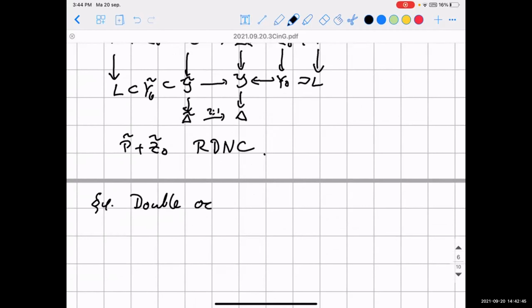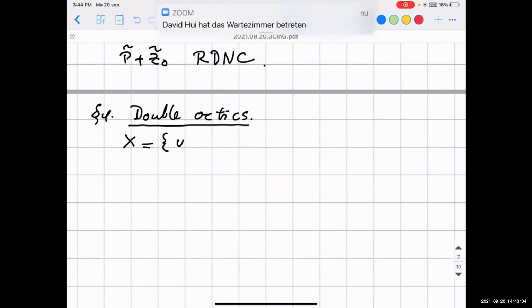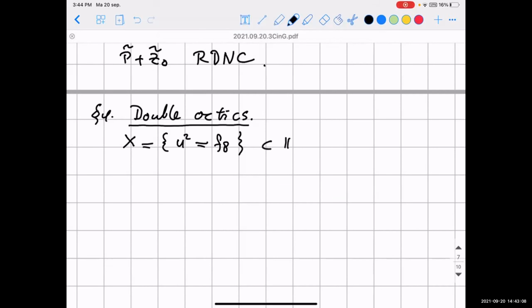You can make an elliptic curve as a double cover ramified over 4 points. You can make a K3 surface as a double cover of P2 ramified over a sextic. And you can make the simplest sort of Calabi-Yau manifold by taking a double cover ramified over a hypersurface of degree 8.